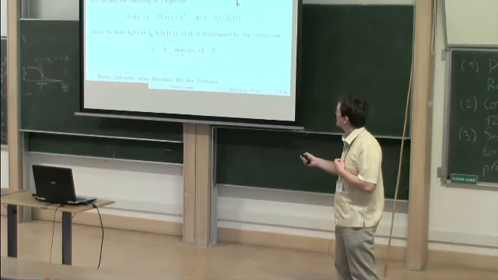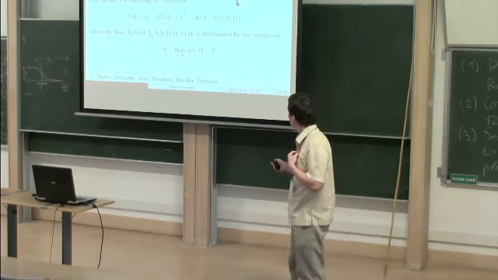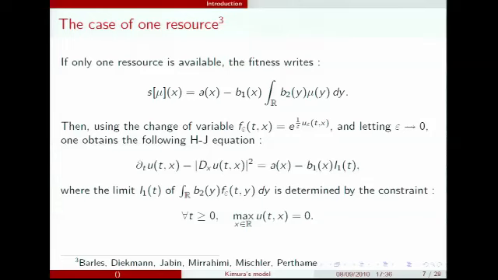It corresponds to the case where you have one resource, one type of food available, and then one can make the change of variable f epsilon equals exponential of 1 over epsilon times u epsilon, and then study the evolution of u epsilon through a Hamilton-Jacobi equation, which is written here. All right.